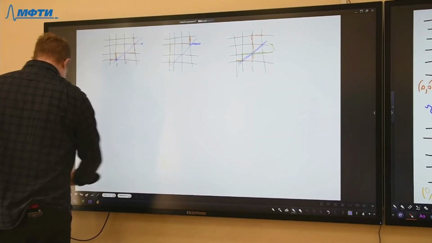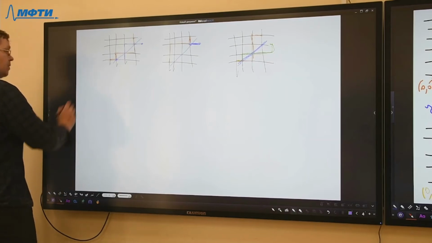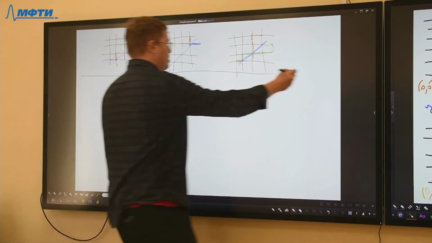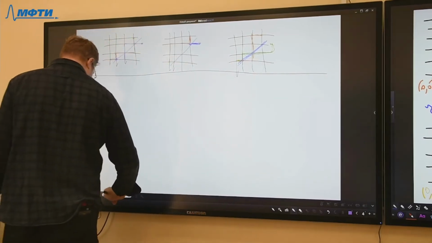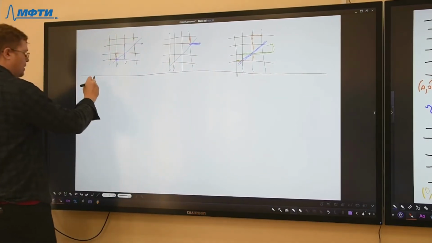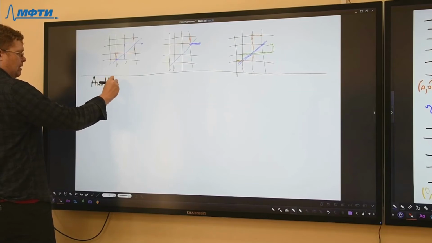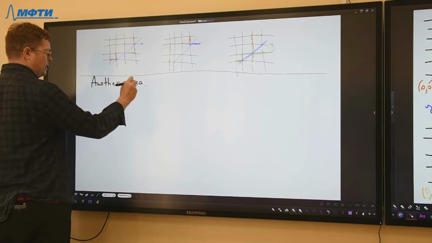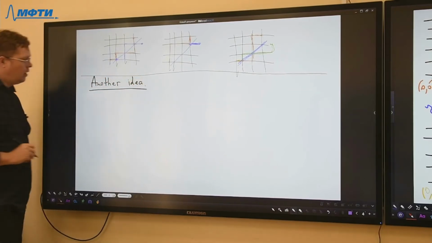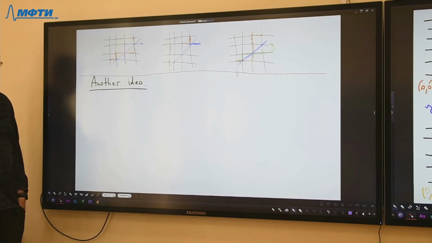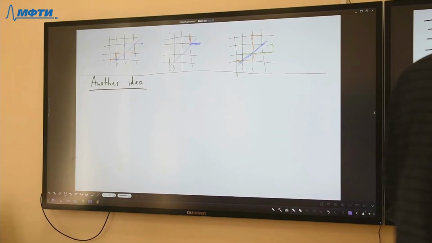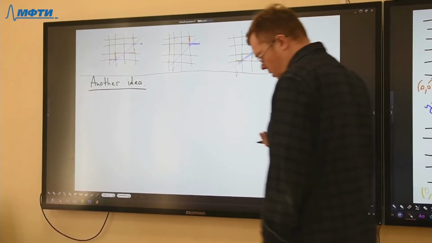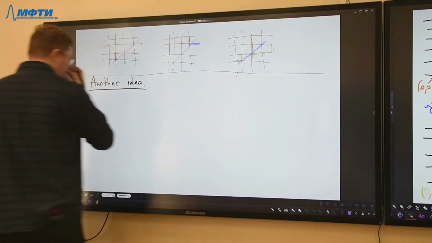So I'll give you another idea of approach and then we'll have a break. Another idea: if we look at correctly matched brackets, then we want to try to code them.